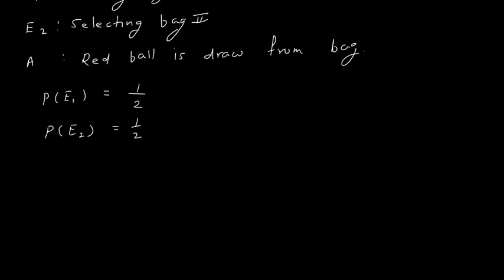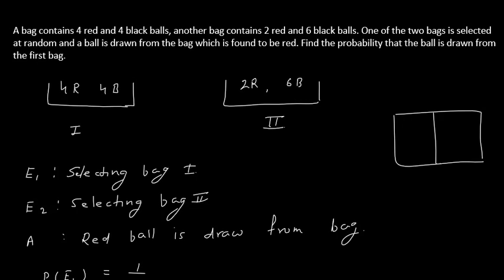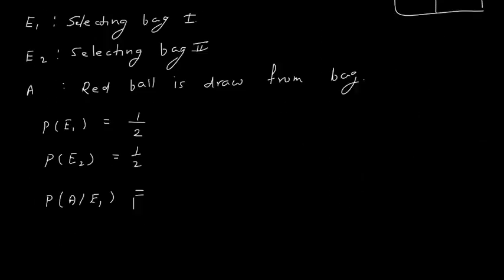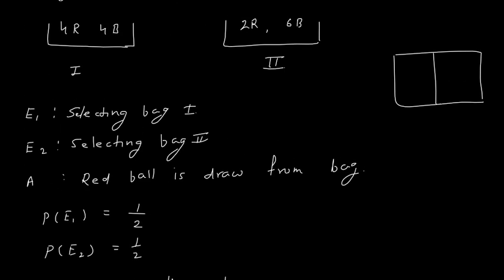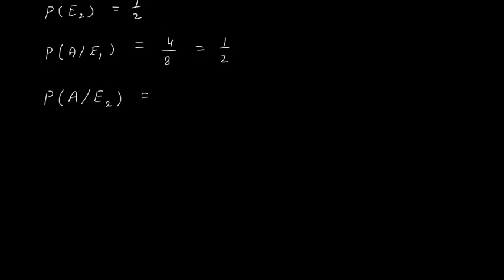And probability of selecting a red ball when we select bag 1 will be 4 upon 8, that is 1 by 2, and probability of selecting a red ball when we select the second bag. So from the second bag to get a red ball is 2 upon 8, that is 1 upon 4.